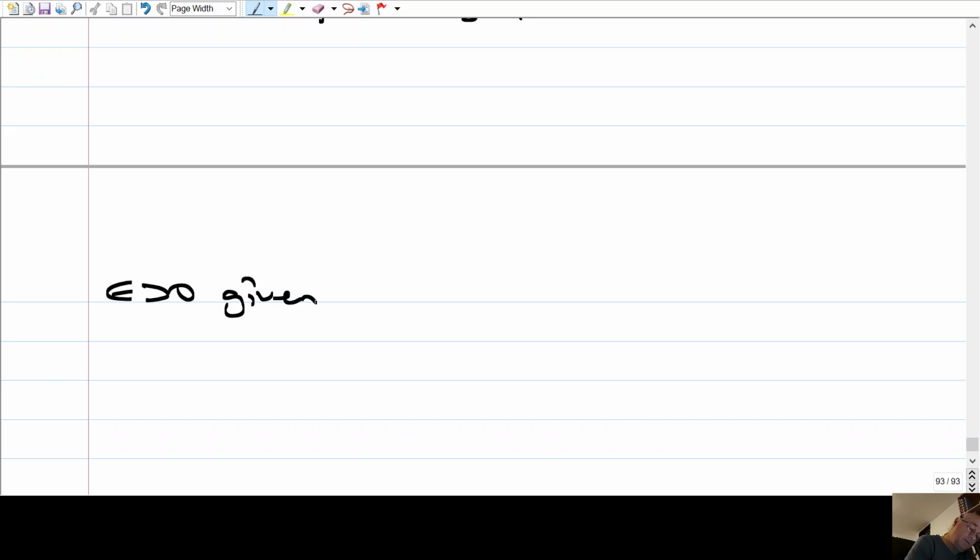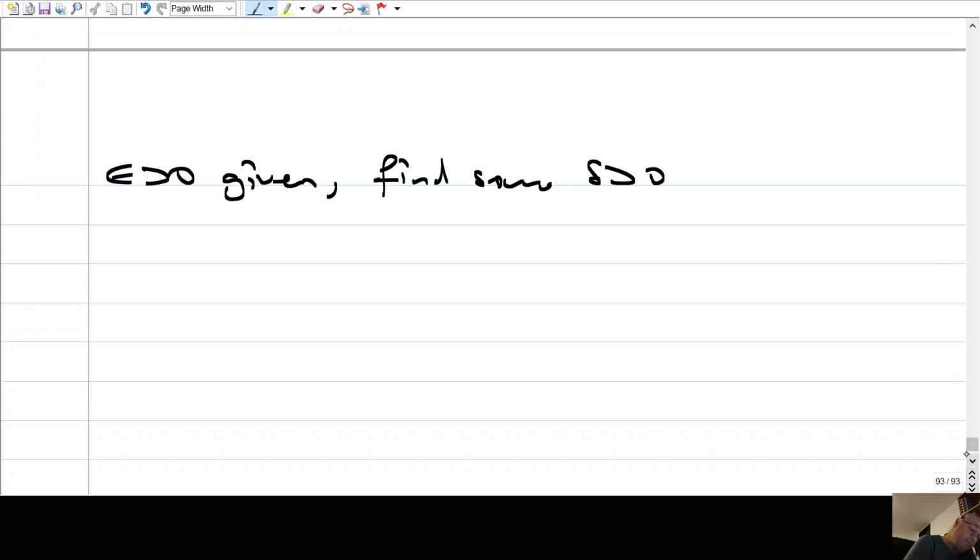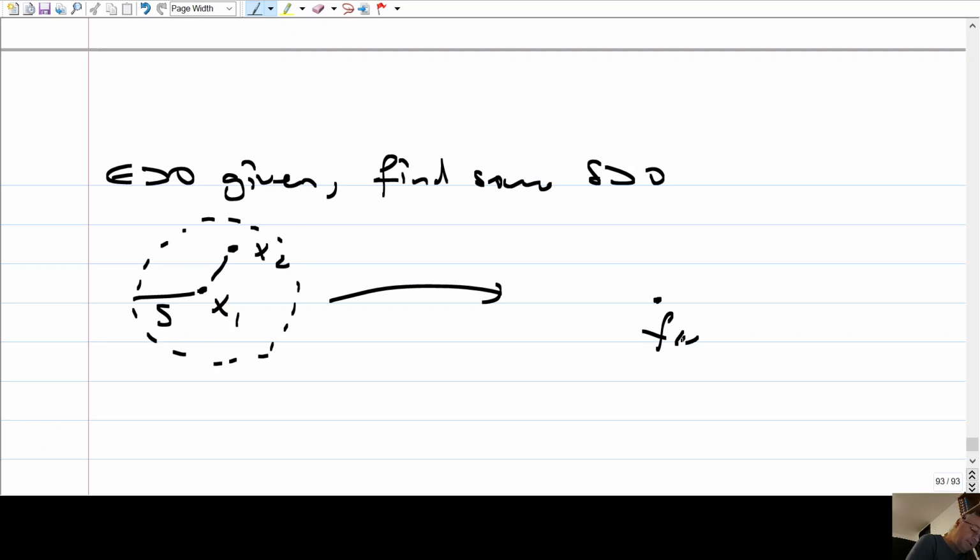We find some delta so that whenever two points have distance less than delta, so if d(x1, x2) is less than delta, then the distance between f of x1 and f of x2 is less than epsilon.